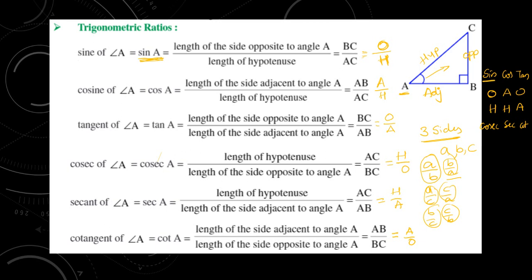Now if you want to have sine, just go from top to bottom. We have opposite by hypotenuse, so O by H.